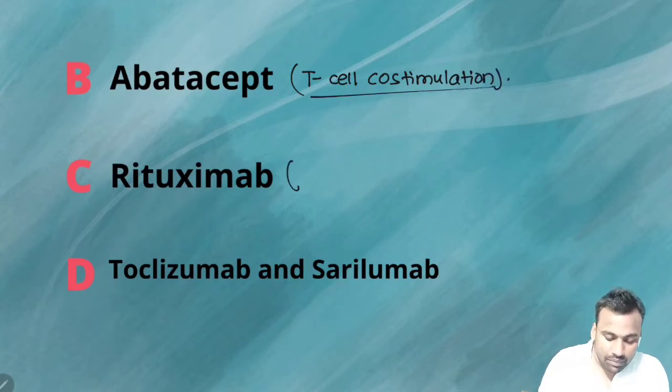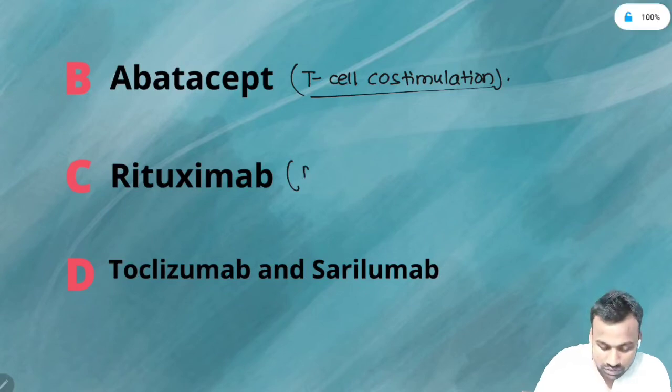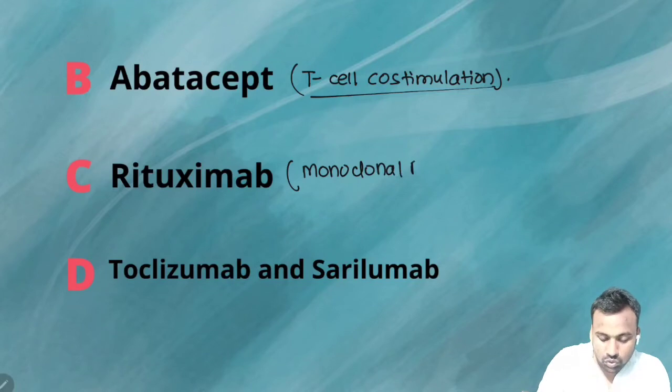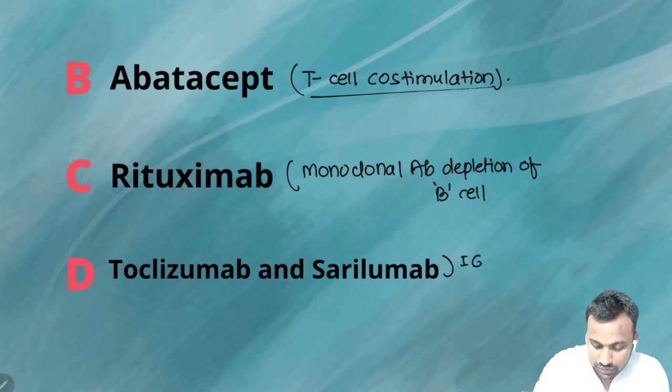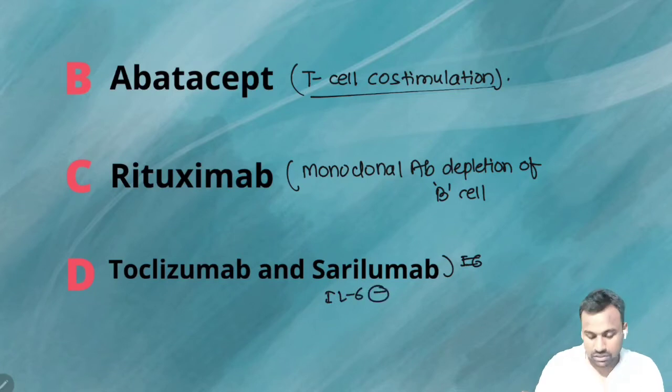And rituximab is a monoclonal antibody which is mainly responsible for depletion of B cells. And drugs like tocilizumab and sarilumab are interleukin 6 receptor blockers or inhibitors.